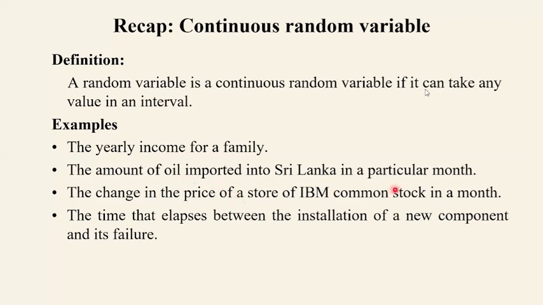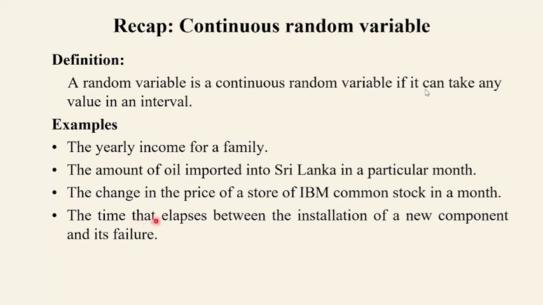So here we are measuring the oil in liters or whatever big measurements we are using, but we are not counting, all right? We are measuring the oil. The change in the price of a share of IBM common stock in a month. Here also prices are measured in dollars or rupees or whatever units we are using. Based on that unit, we can measure the prices.